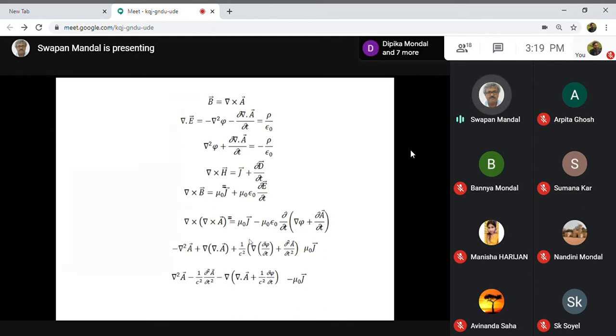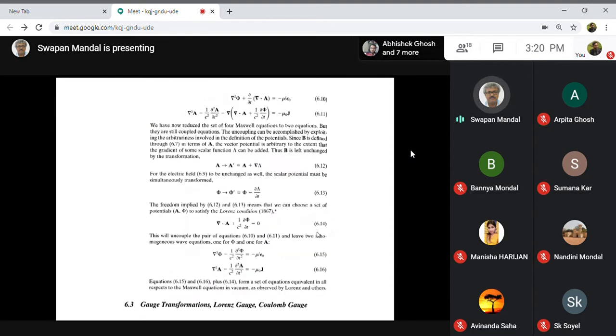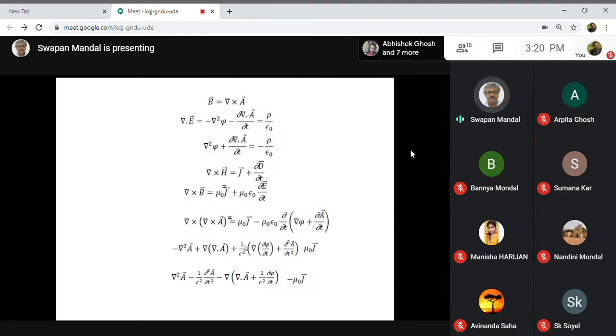Mu 0 epsilon 0 is 1 by c square, and here del del T of gradient of phi. Once again, my justification is that gradient is the spatial derivative and del del T is the temporal derivative. You can interchange. Therefore, gradient is taken outside: gradient of del phi del T. And here, this equation has got del square A del T square. So you are intelligent enough to get this relation.